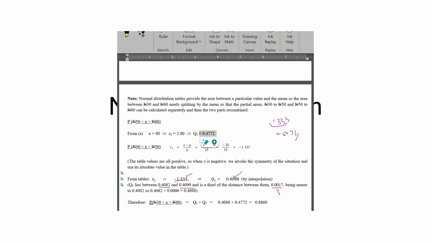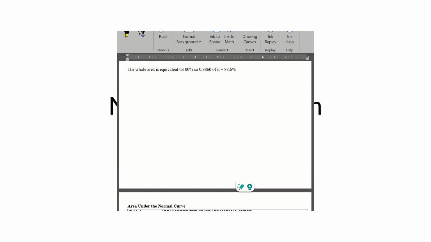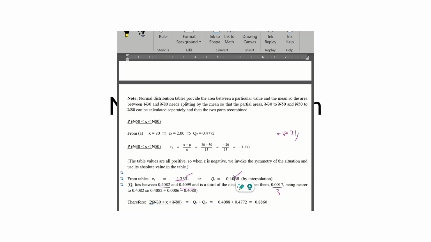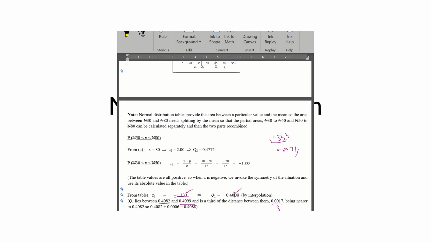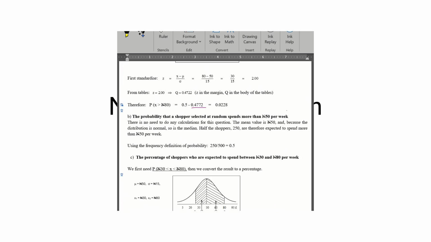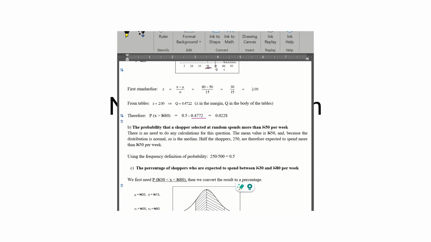So now, for the probability of spending between 30 and 80, you have to add the probability of spending between 30 and 50 to the probability of spending between 50 and 80.